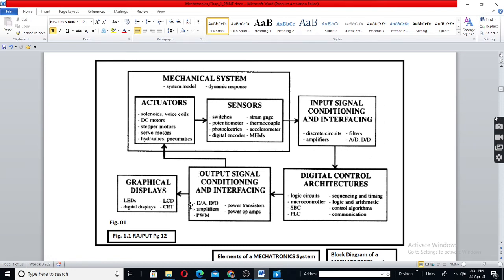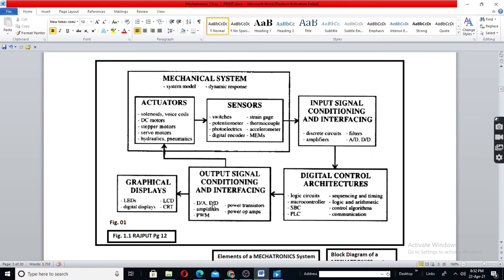Similarly, relevant conditioning and interfacing is needed before this signal is given to the actuator. You may need an amplifier, you may need digital to analog conversion, or this may be digital, say 5 volt, and this may need 3 phase AC. So this 5 volt signal should be given to the 3 phase AC circuit or single phase AC circuit or DC 110 volt, whatever it is. So all this conditioning is to be done.